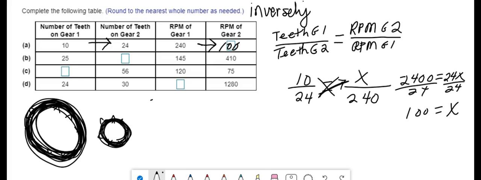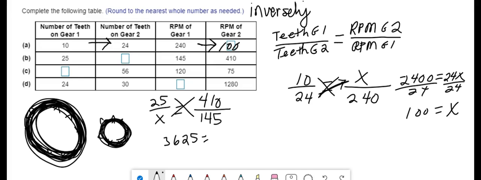The next one, we're going to have 25 over we don't know equals, and then set this one up with 145 on the bottom and 410 on the top. Cross multiply, and we're going to get 25 times 145 is 3625 equal to 410x.